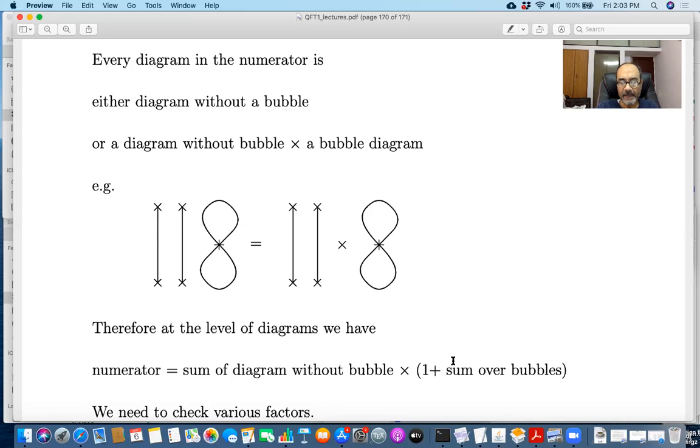So at the level of diagrams, this is indeed true. What you have to examine is whether it's also true at the level of the actual expression for the diagram. Is this clear? No questions?